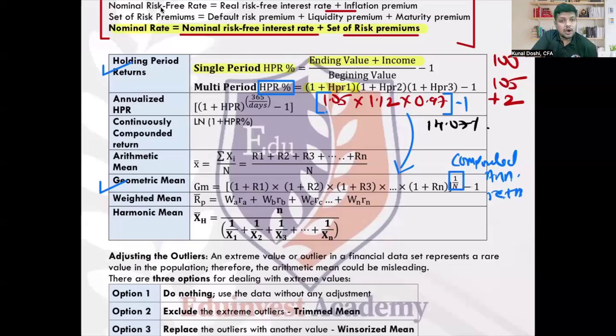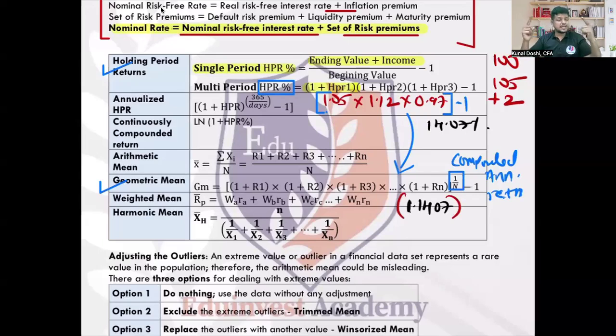Total return. Got it? But if I want to find the geometric mean, what I need to do, again, I will do 1.05 into 1.12 into 0.97. Why? Because it was 3% negative. So on your screen, it should be 1.14. When you have 1.1407, if you want to average it out, what do we do?